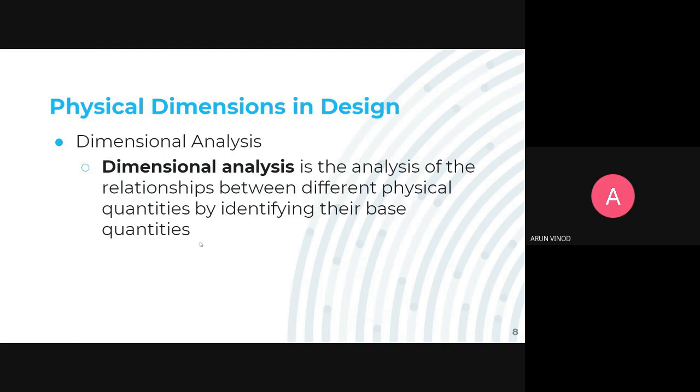Base quantities means, for example, area is equal to length into breadth. Based on the base quantities, you are converting that into derived quantities with the help of the physical quantities. This is what is called dimensional analysis.